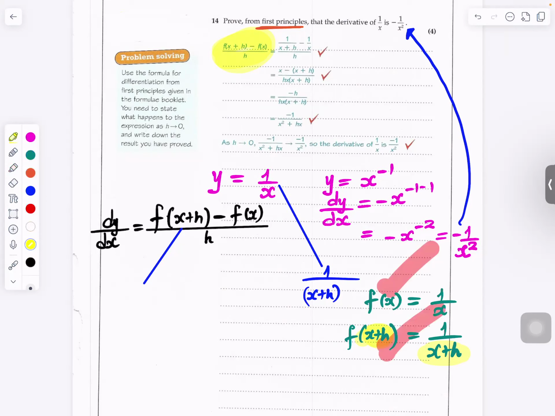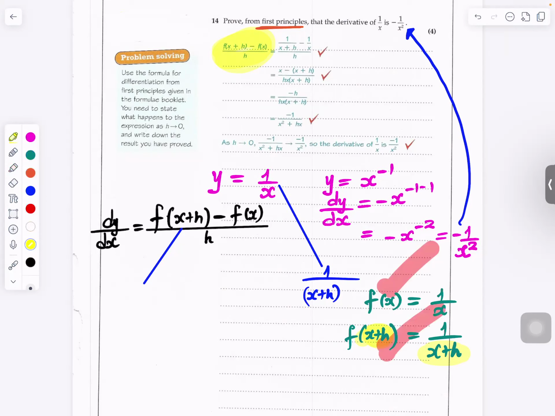When you divide, you do something they call keep, change, and flip. Keep this one the same, change that sign to times, and then this one is h over 1, and then you flip. So it's minus h divided by x bracket x plus h.